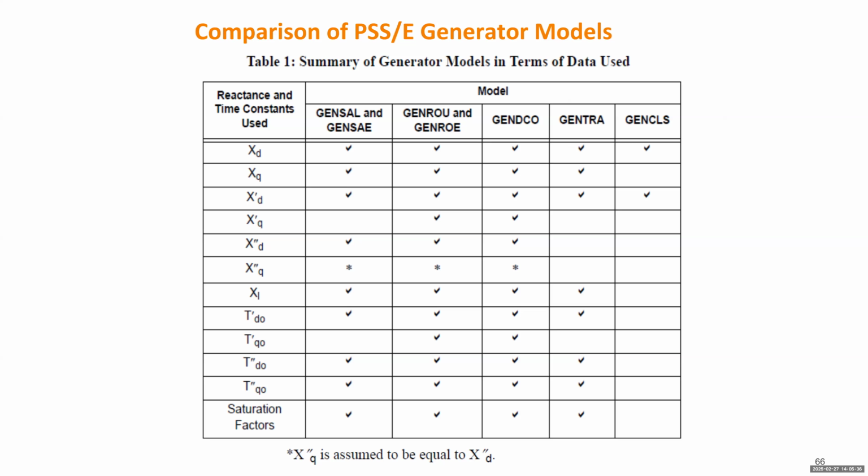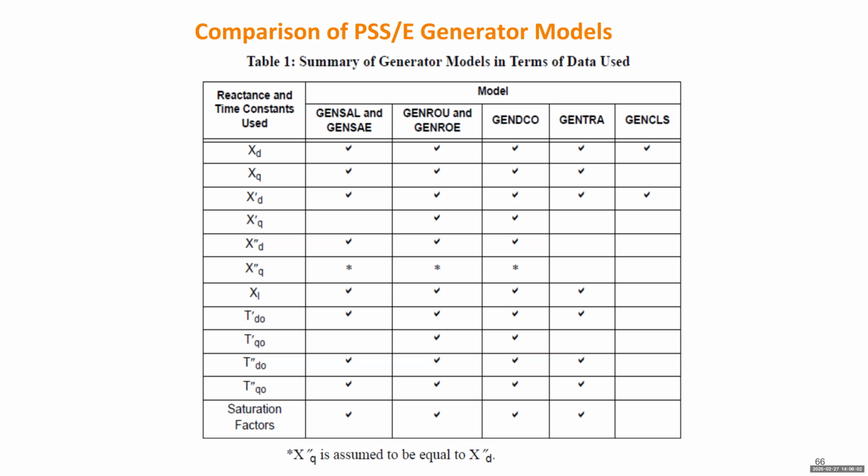So you can tell from the name, like GENSAL, that stands for a generator, salient pole rotor generator. This GENSAE, if you check the manual, there's some detailed difference between those two, maybe a different type of salient pole rotor generator. I think E stands for some excitation feature difference.